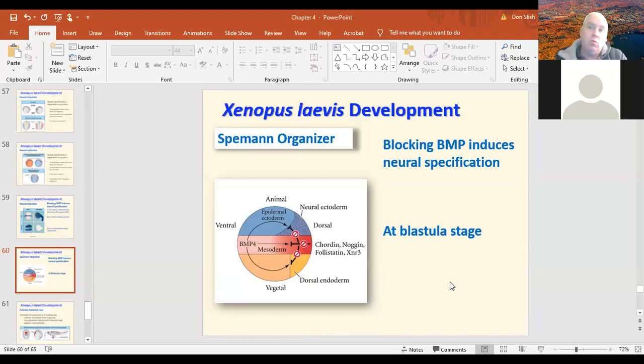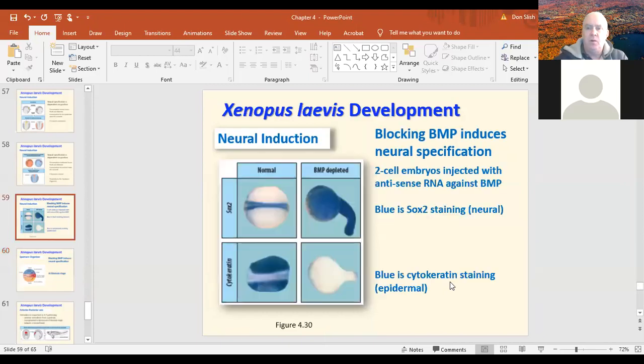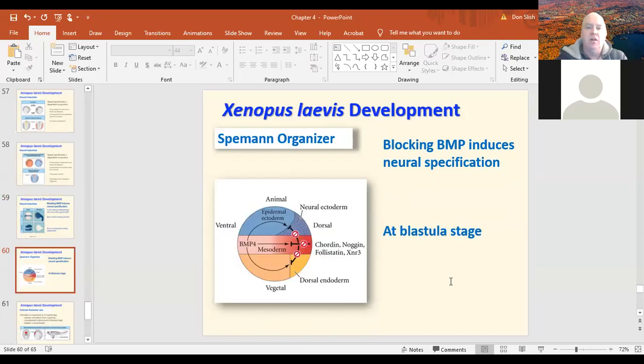And what they did in the previous one was knock out BMP, so no BMP. Here, in another series of experiments, they knock out chordin to find out what happens. Not a lot happens. They knock out noggin, not a lot. Very underwhelming. You need to knock out all three of them in order to knock BMP signaling down enough that you will see a ventralized embryo, because you no longer have that.